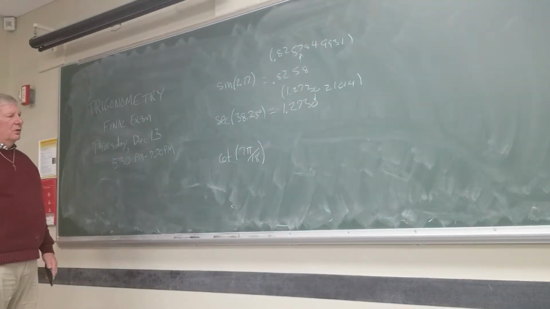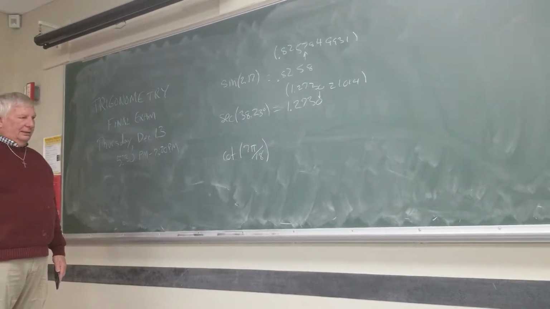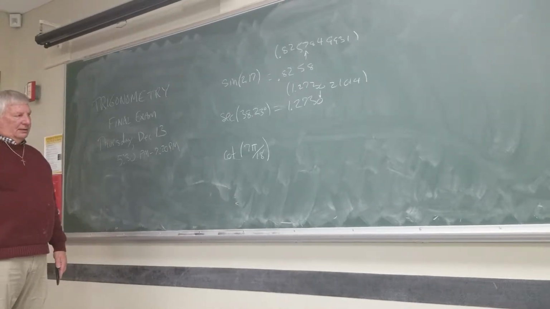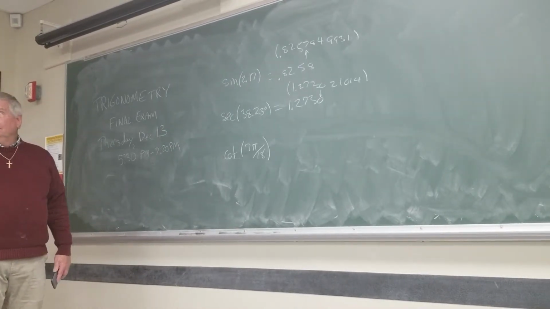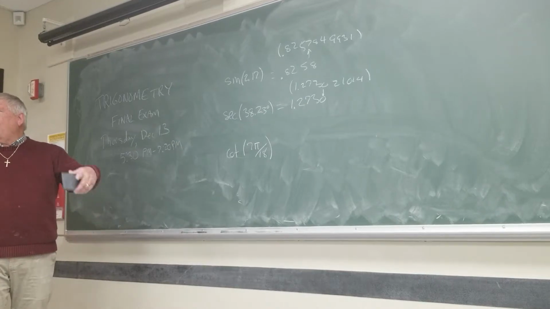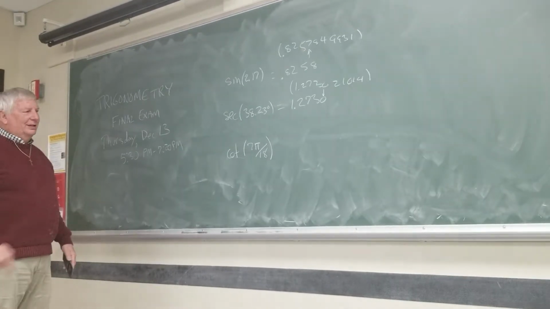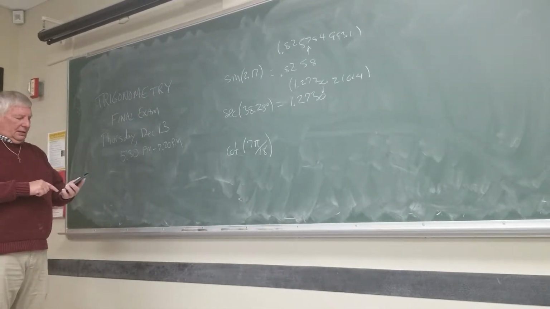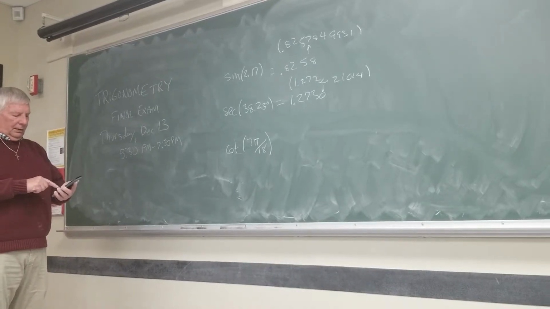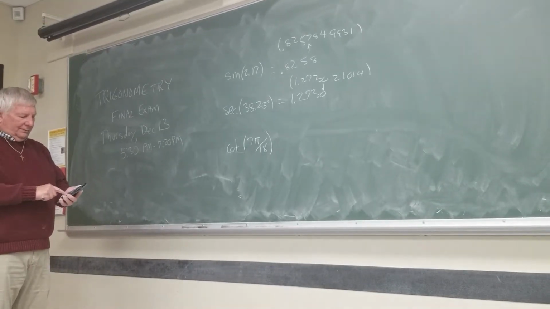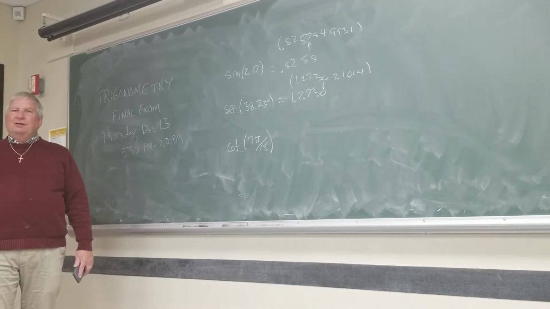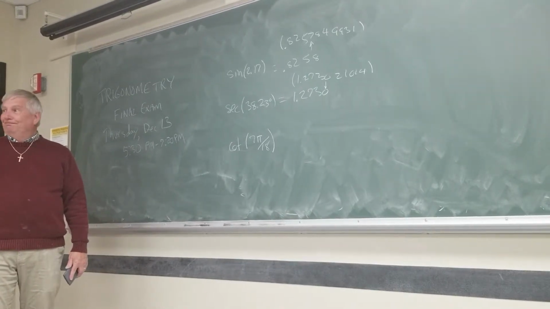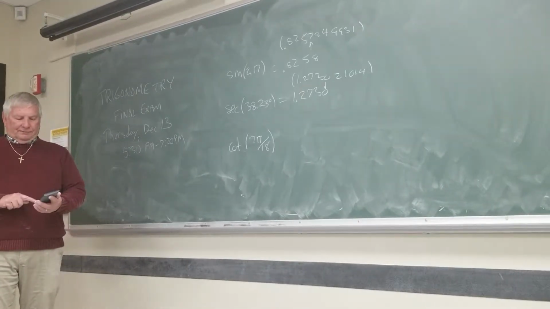And the last one, cotangent of 7 pi over 18. So that's 70 degrees, because 5 pi over 18 is 50 degrees. So the tangent of 20 degrees is the same as the cotangent of 70 degrees. Kind of interesting.